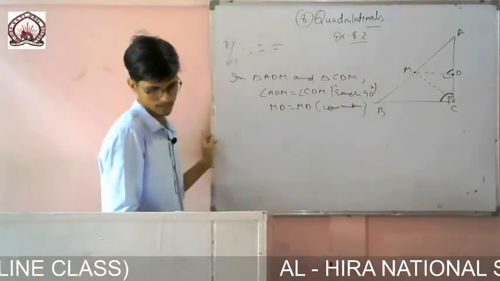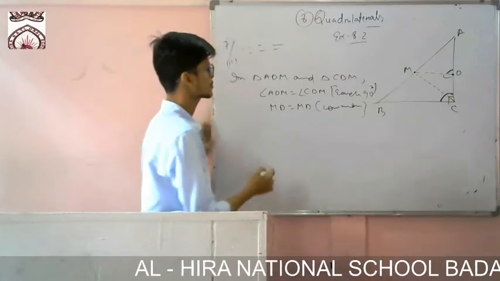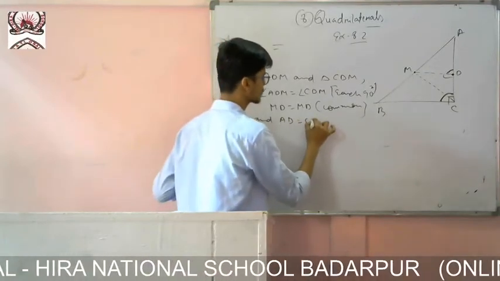MD is the common side. And AD will be equal to CD, because D is the midpoint.